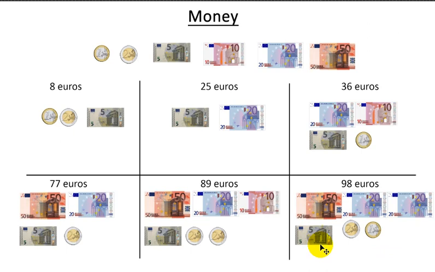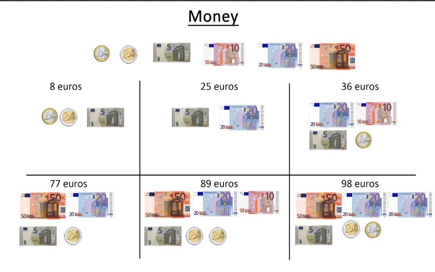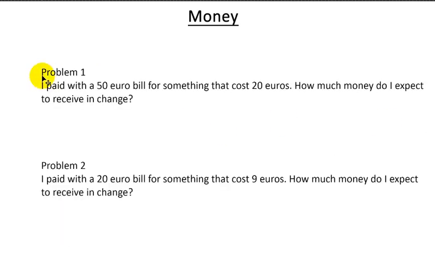Now let's say that I can't just magically make money out of thin air. And we have a problem like this, where I go to the supermarket and I need to pay for something that costs 20 euros, but I only have a 50 euro bill on me.